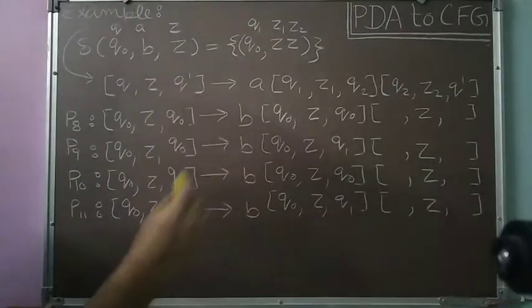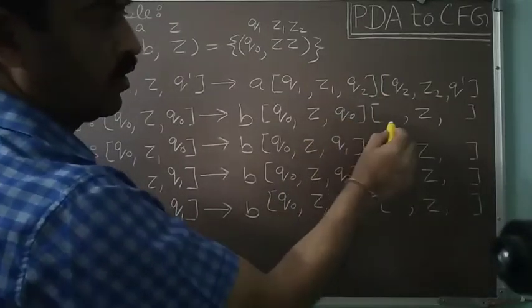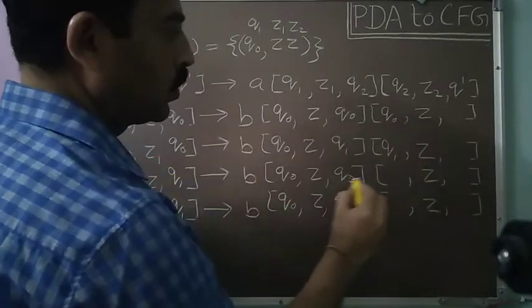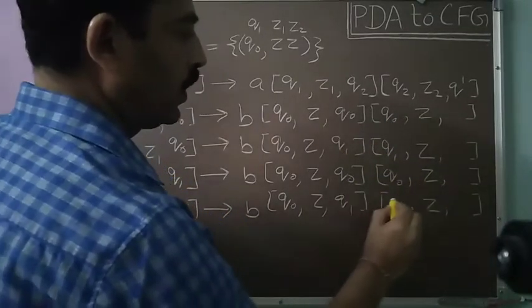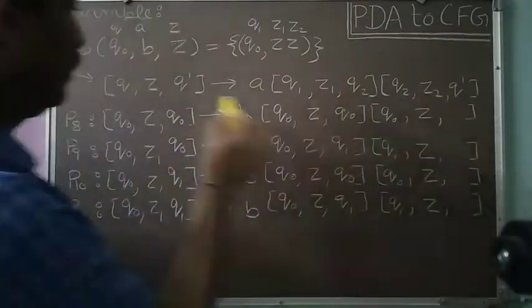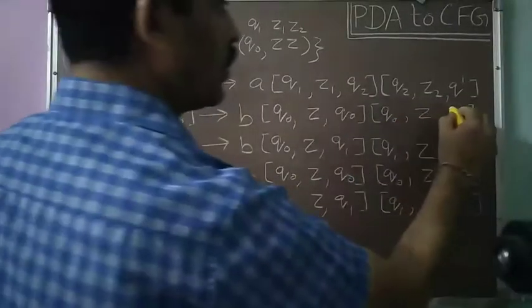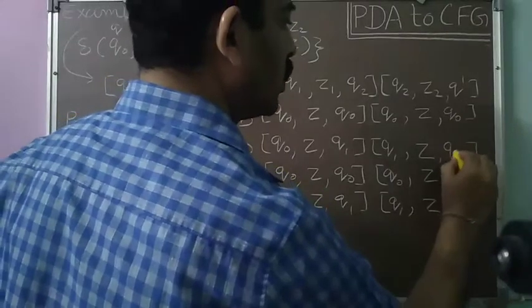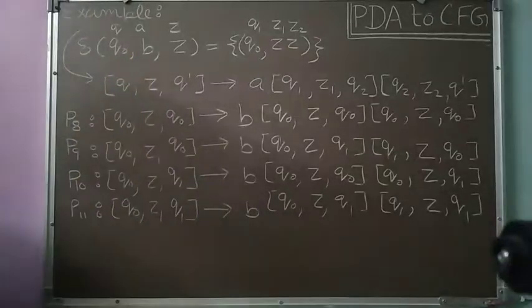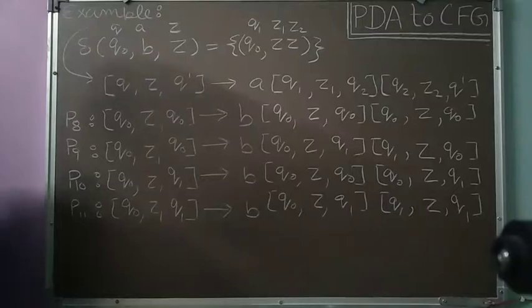Whatever value has come here, the same value will come here, and then Q dash takes the same value as well, so it is Q0, Q0, Q1, Q1. In this manner, I have found my 4 productions corresponding to this non-erasing move.